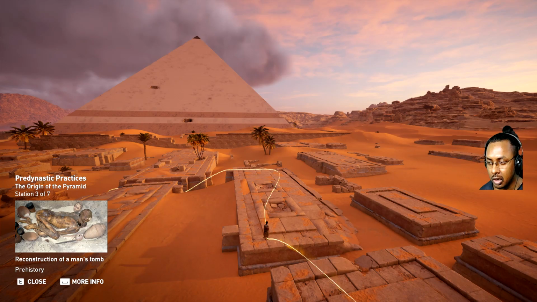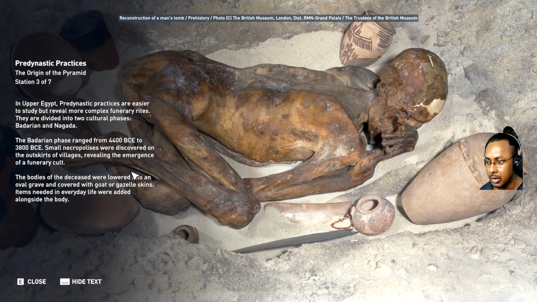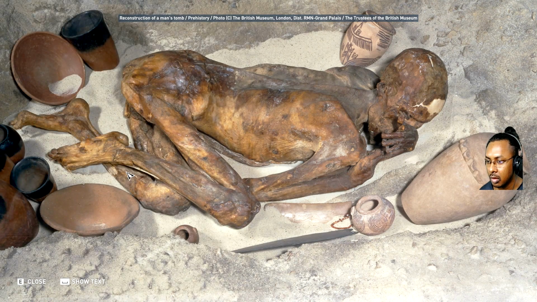Okay, the different kind of graves. Different kind of practices. First, they used to bury the body in an oval burial, oval like this. You can see it is an oval place. I think this is a recreation. It can't be the picture taken on the spot. Not so sure.